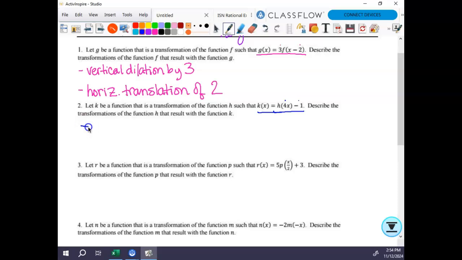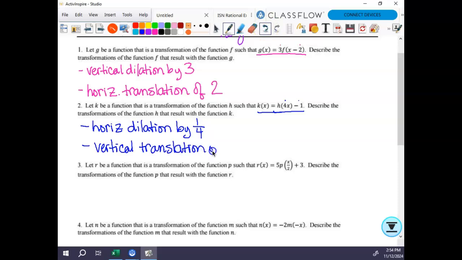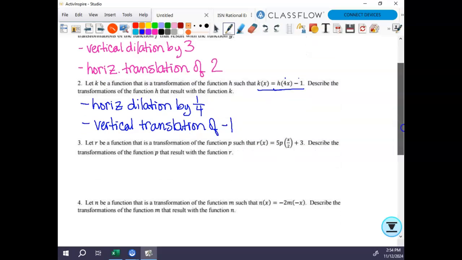So that 4 is inside there with the X, so that is a horizontal dilation by 1/4 because X is a liar, and that 1 is on the outside, so that is a vertical translation of -1, meaning I'm going down 1.